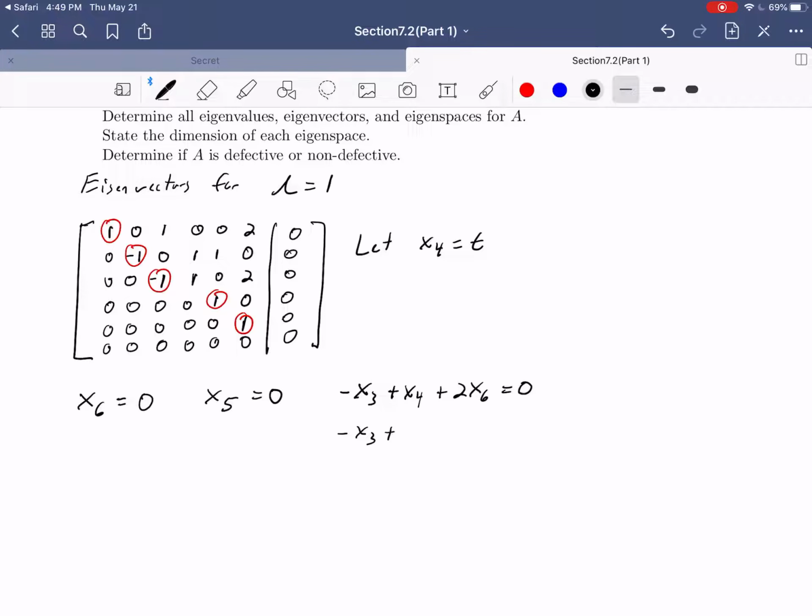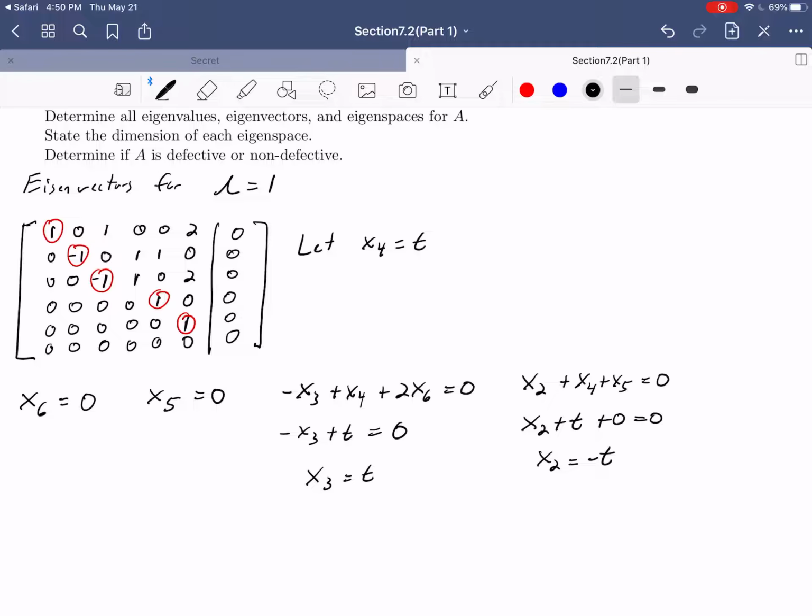So negative x3 plus t is 0, so x3 is t as well. Then the next equation tells us that x2 plus x4 plus x5 is 0. Since we have x4 equal to t, that's x2 plus t plus 0 equals 0, so x2 is negative t.